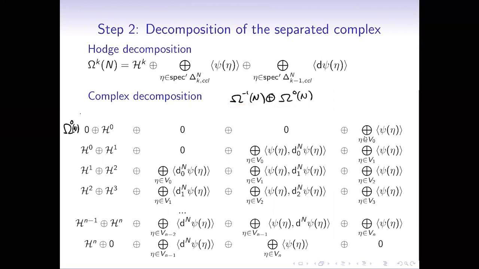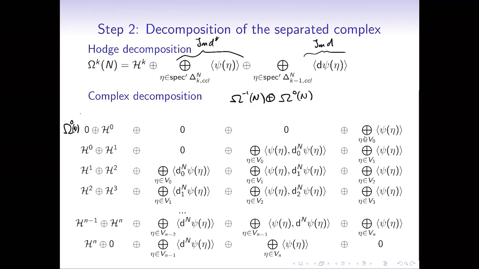So Hodge decomposition I've written above here. So we have the harmonic part. We have the image of D star, which you can identify with the span of co-closed eigenfunctions for the Laplacian. So in terms of the Hodge decomposition we are more familiar with, this is the image of D star, and then this is the image of D. So this uses some completeness for the Laplacian, that you can write everything as sums of eigenfunctions. And then we do this for 2 components at a time, which is why this whole thing gets so messy.